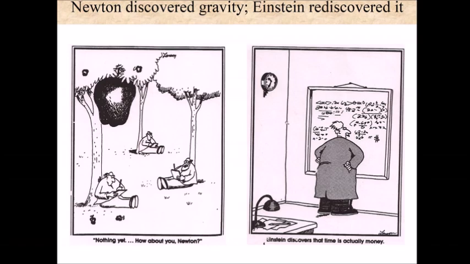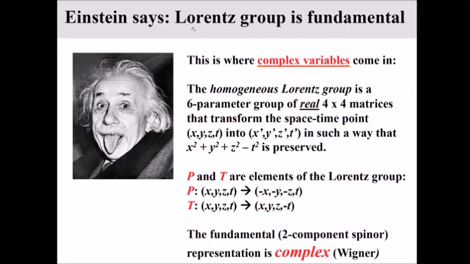Okay, so what does Einstein say? Einstein tells us that the Lorentz group is fundamental. And this is where complex variables comes in. So in your elementary physics course, you learned that the homogeneous Lorentz group is a 6-parameter group of real 4x4 matrices. And what do these matrices do?